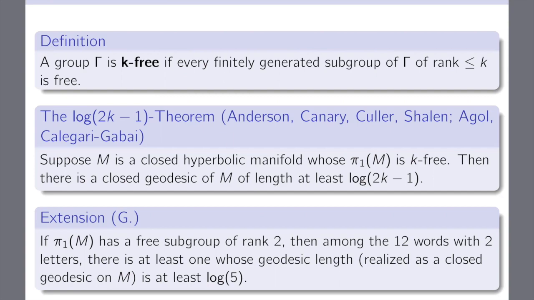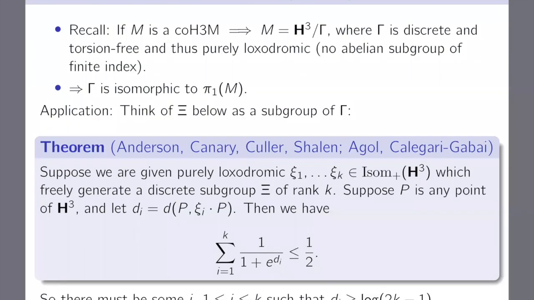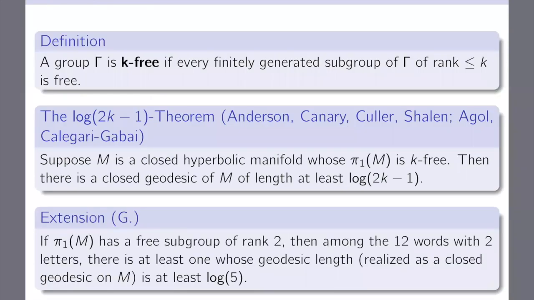So one thing we could do, instead of saying something about the isometry group, is this: the log 2k minus 1 theorem of Anderson, Canary, Culler, Shalen, Agol, Calegari, and Gabai is stated in terms of isometries. We can reword it to say something in terms of the closed orientable hyperbolic 3 manifold.